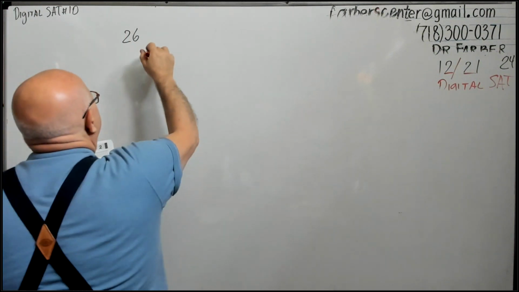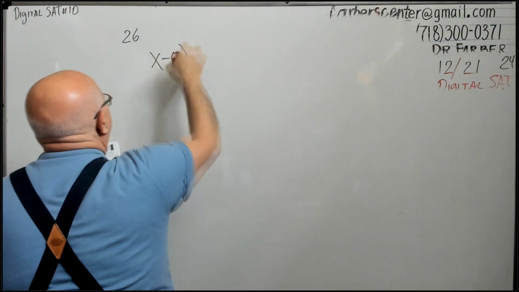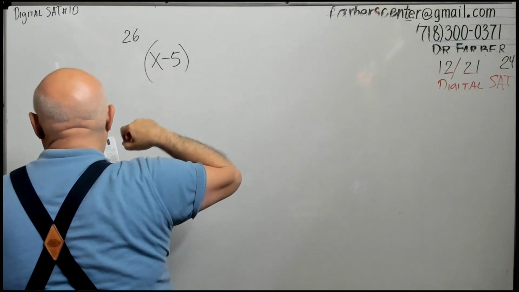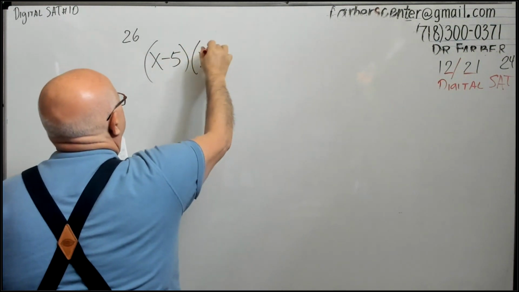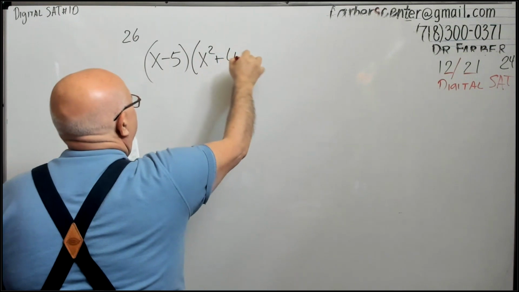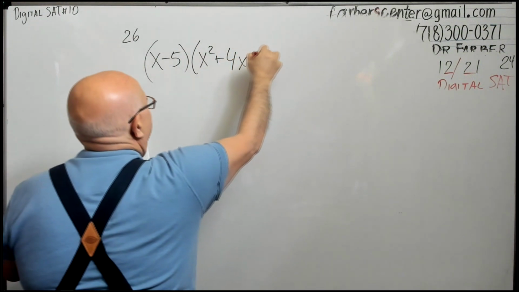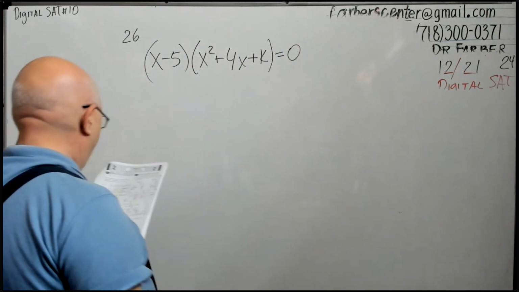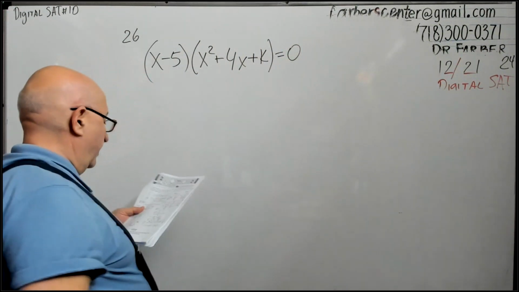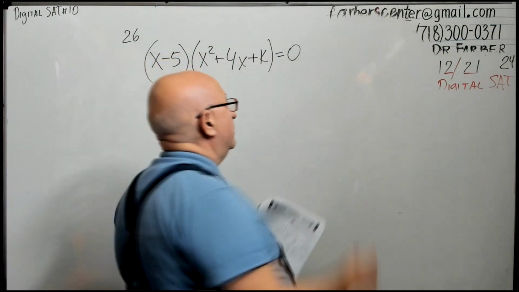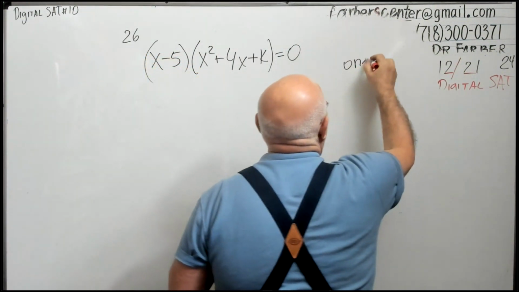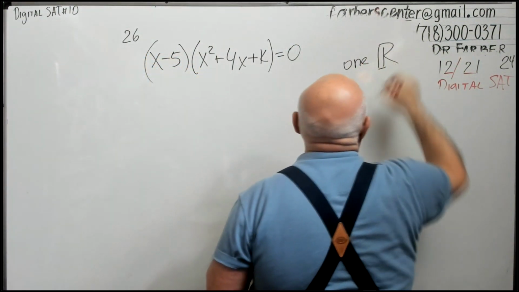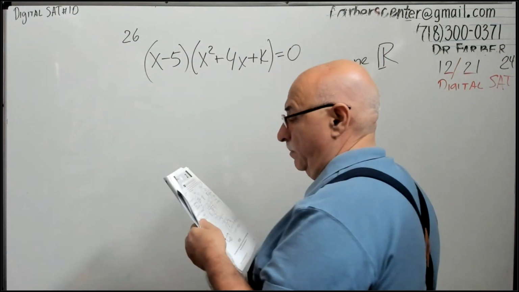Okay, x minus 5 times x squared plus 4x plus k equals 0. K is a constant. The equation has exactly one real solution.